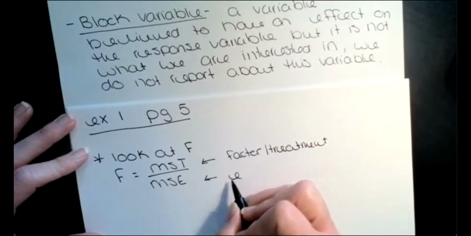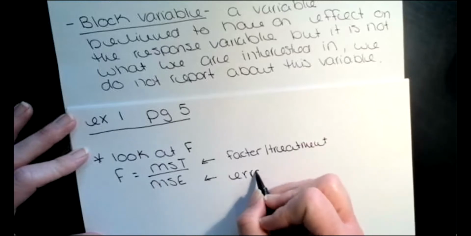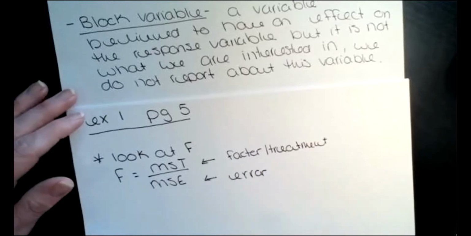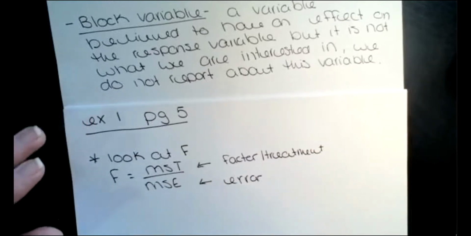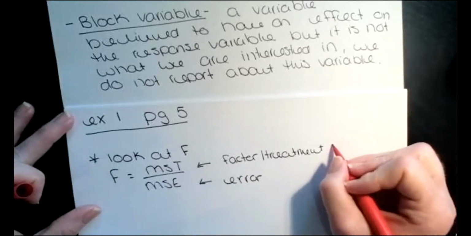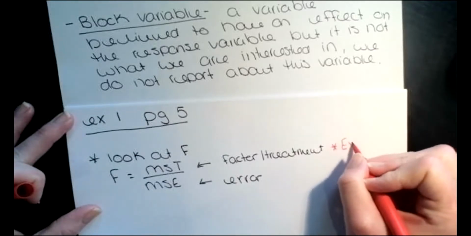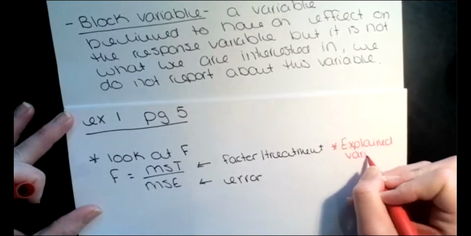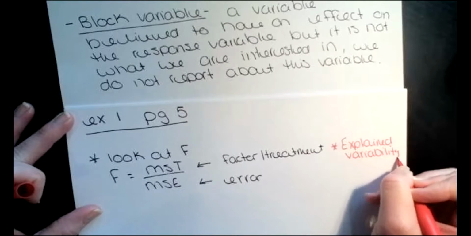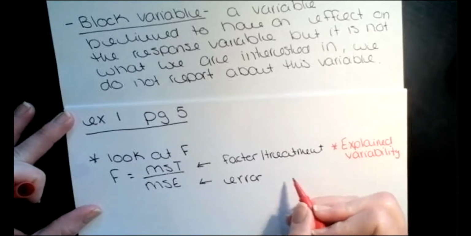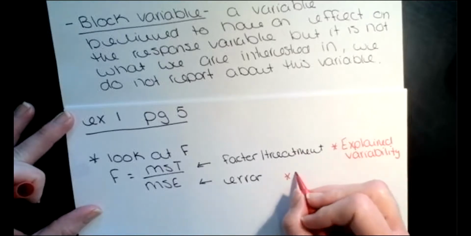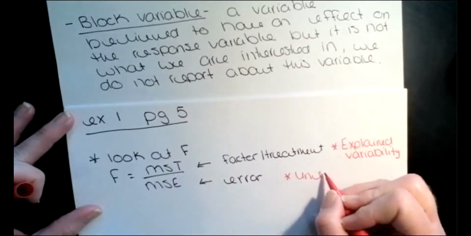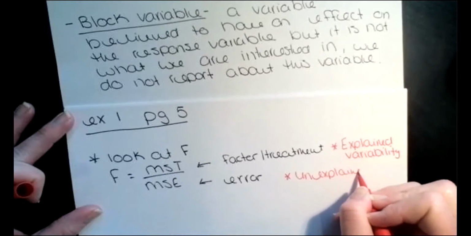So it's the mean of the sum of the squares for the error. And the numerator is the mean of the sum of the squares for the factor or the treatment. The numerator is what we call our explained variability. And then our denominator is what we call the unexplained. That's the error. Okay, that's the unexplained variability.